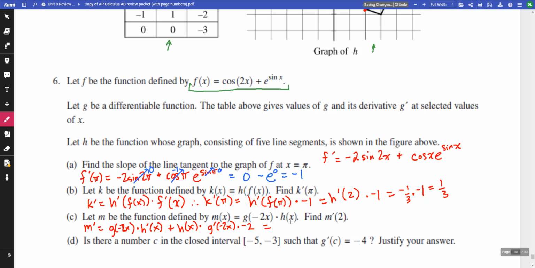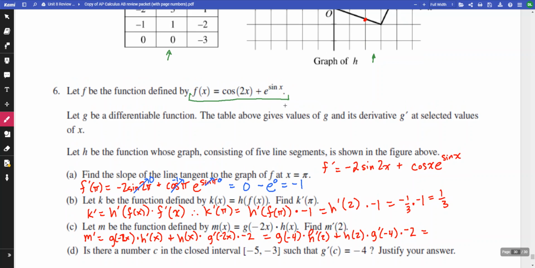So at 2, we're going to have g of negative 4 times h prime of 2 plus h of 2 times g prime of negative 4 times negative 2.